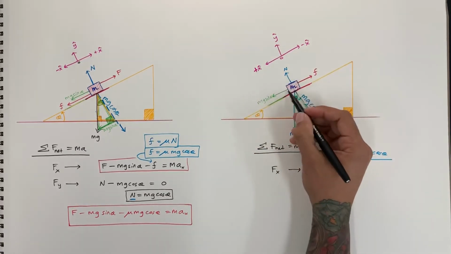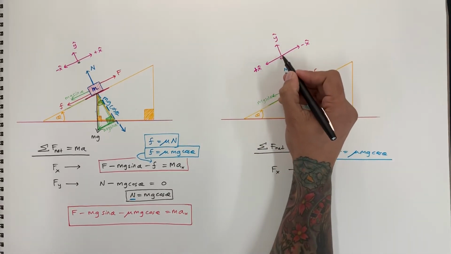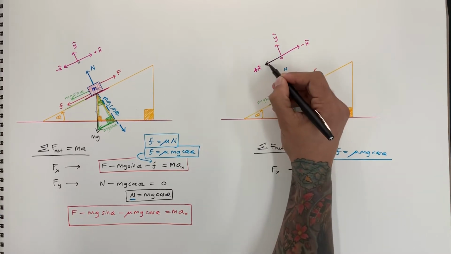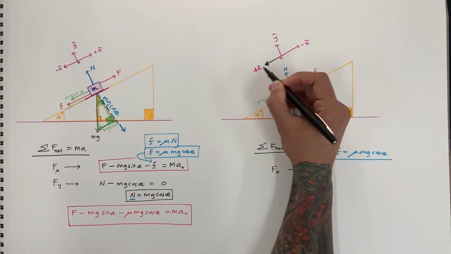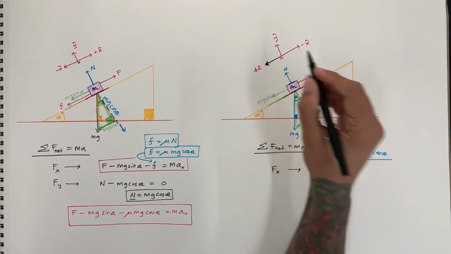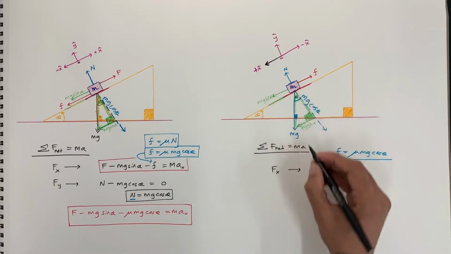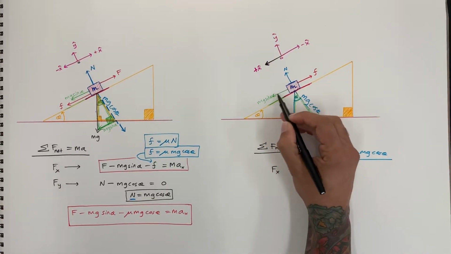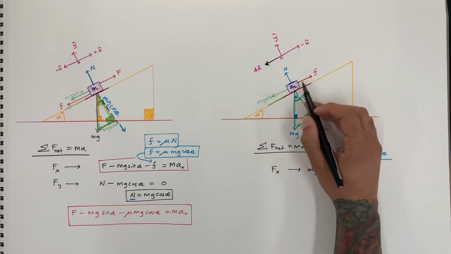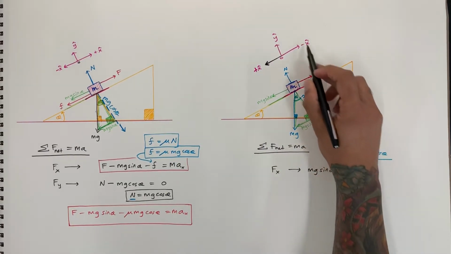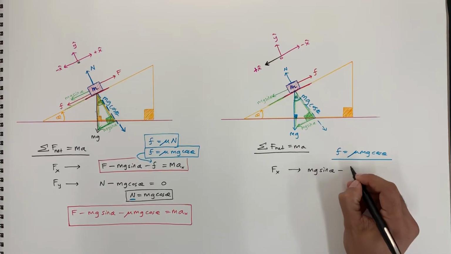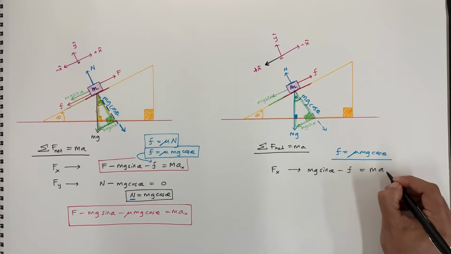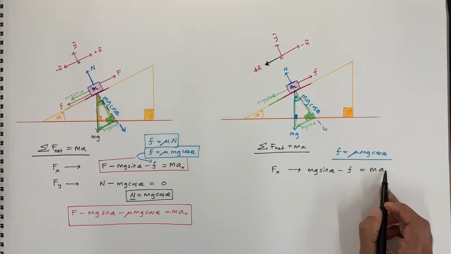So let's start off with the positive first. And remember, this is the positive direction now, because we labeled it that way because we can. So you should choose whichever direction you want, positive or negative. So downward is going to be positive. So we have mg sine theta, which is this one here. And then we have minus the friction. So minus the frictional force equals ma in the x direction. So that's the acceleration in the x.